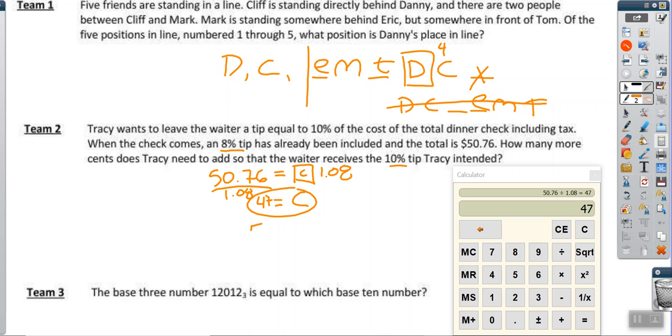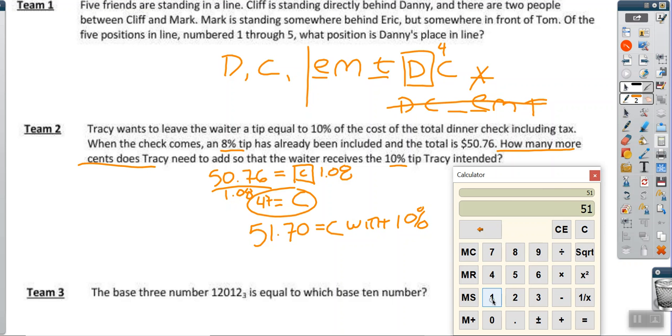So that would bring us to 51.7 is the cost with 10% tip. So finally, it's asking how many more cents do we need to add to get to the intended tip, because they really like the service.